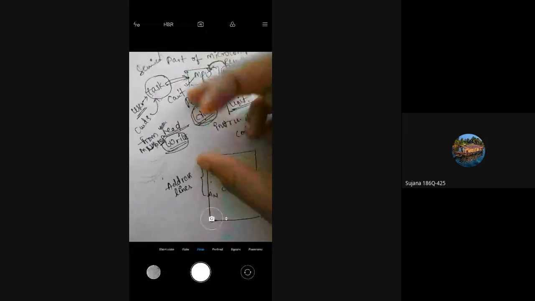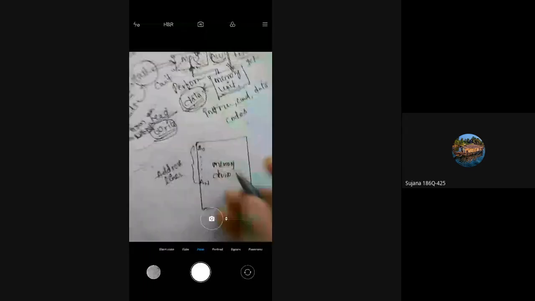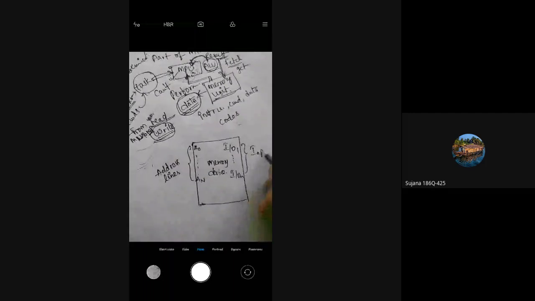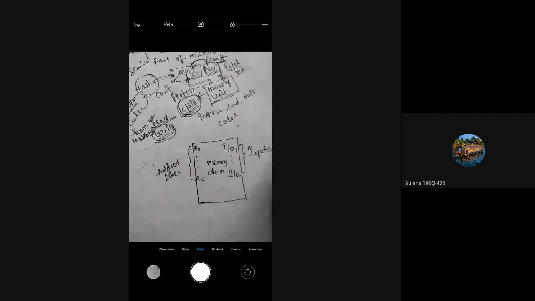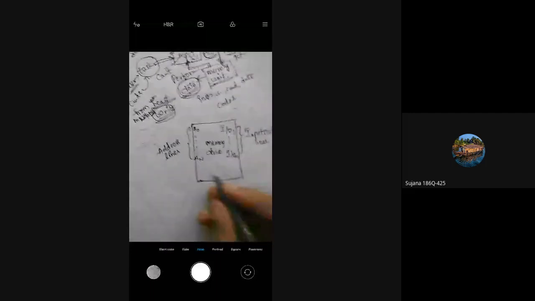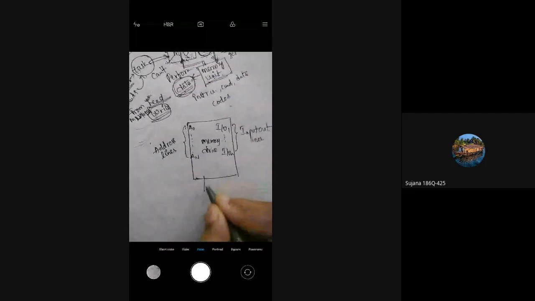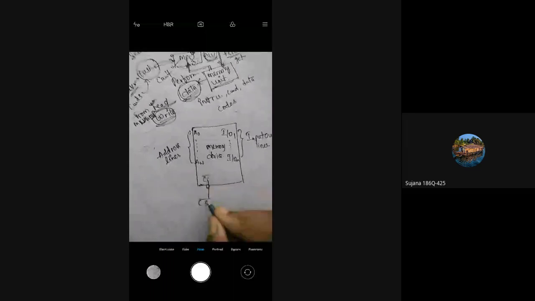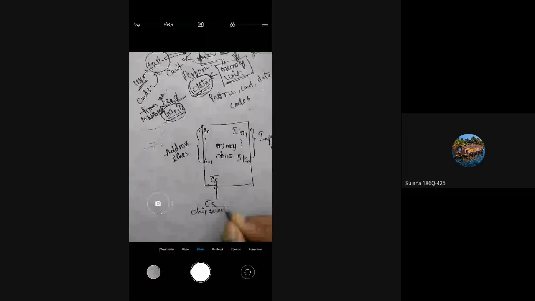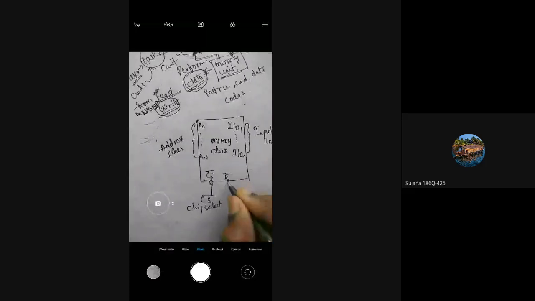Next you have some input output lines, IO1 to ION. Next you have something called chip select, this is CS bar. Next you have read bar, which initiates the read command.